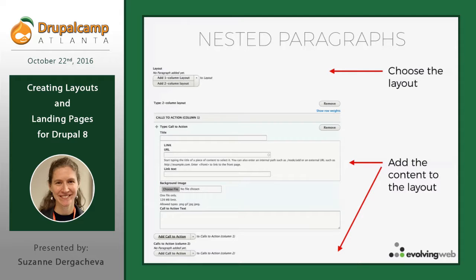So you might have these different types that you allow your editor to choose when they're editing the landing page. And then for each of those types within it, you could define different blocks that the user could place, or different calls to action, or other fields that they should be able to place within that layout. So those nested fields become kind of the content that you're placing within the layout.